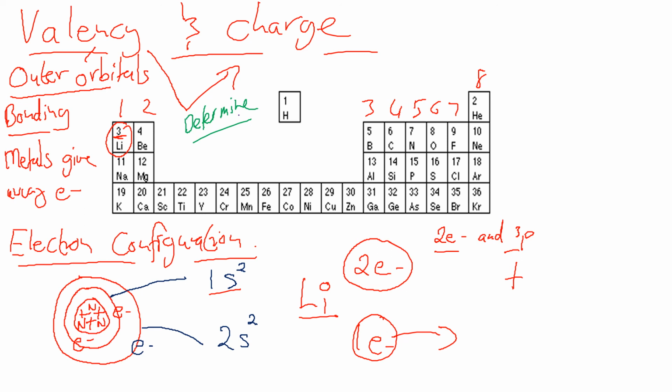As long as we can understand that, our electron configuration determines our valency. Our valency will determine our reactivity, and the valency will also therefore determine the charge that the element takes during reactivity.